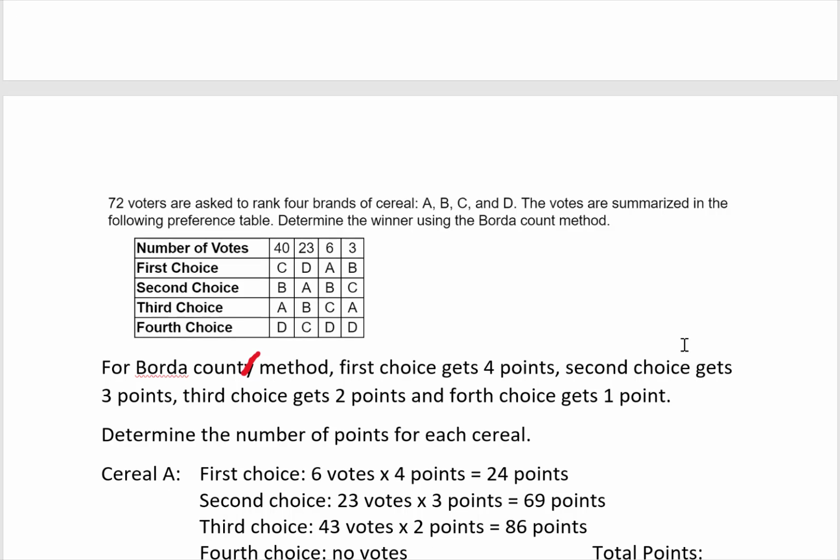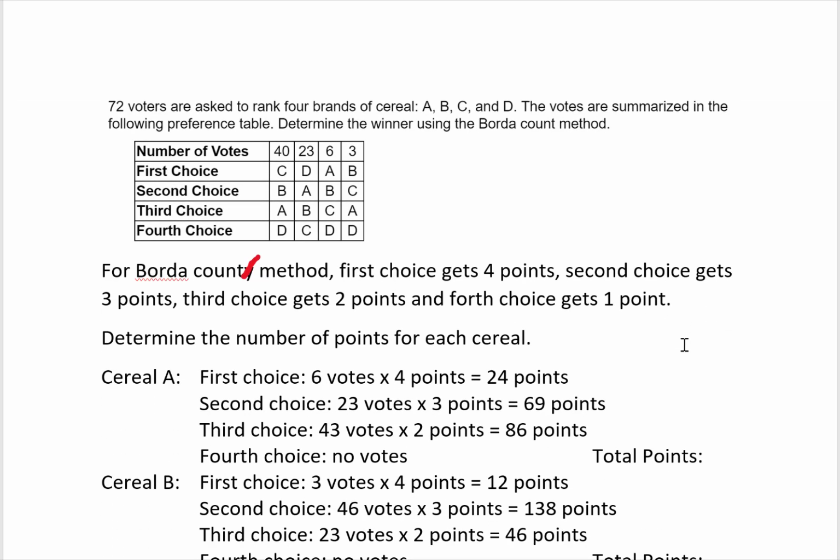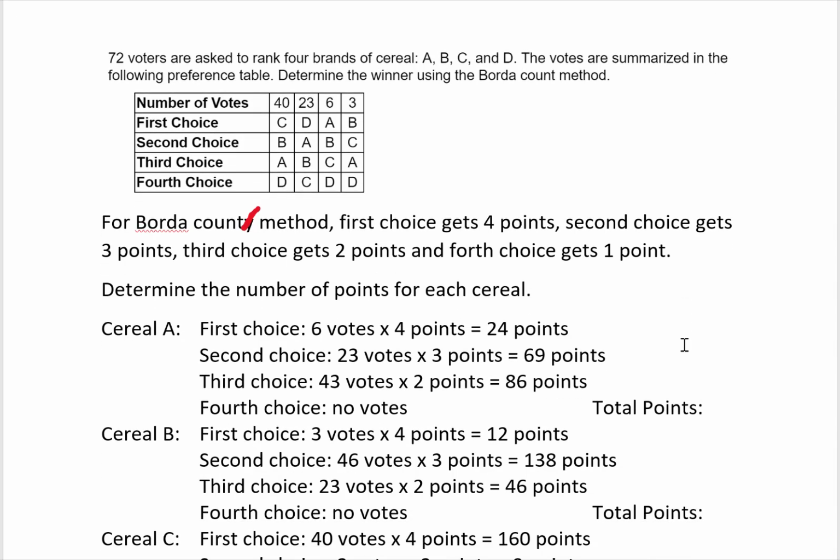So for each cereal, we'll determine the number of points. For cereal A, we look in the first row and we see there's 6 votes there. They're each worth 4 points, so that gives 24 points. Second choice row, cereal A has 23 votes times 3 points gives us 69 points. In the third choice row, cereal A has 43 votes times 2 gives 86 points, and no votes in the last row.